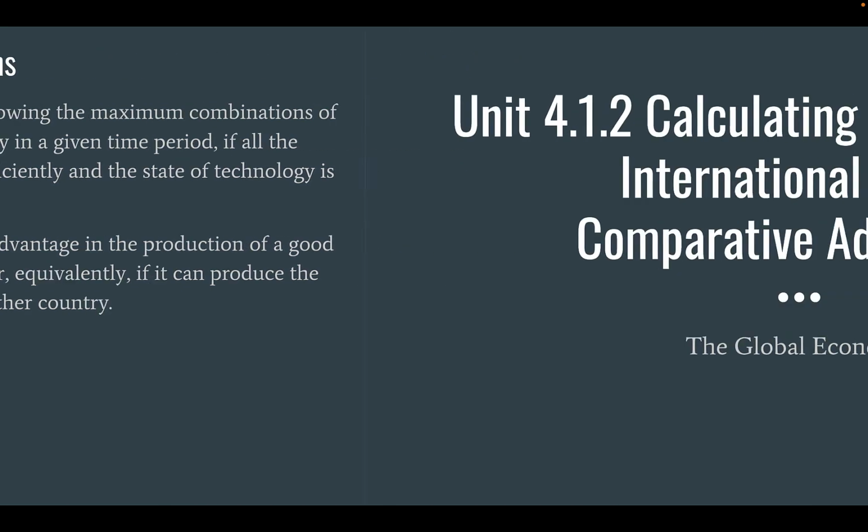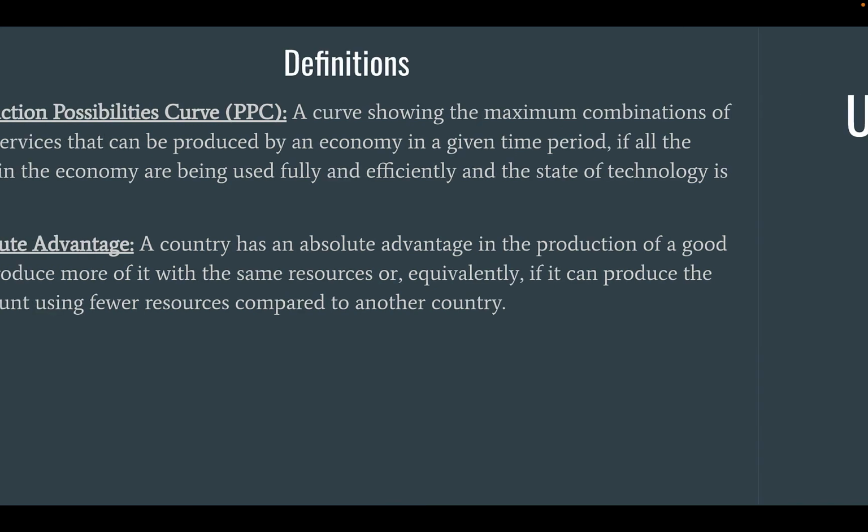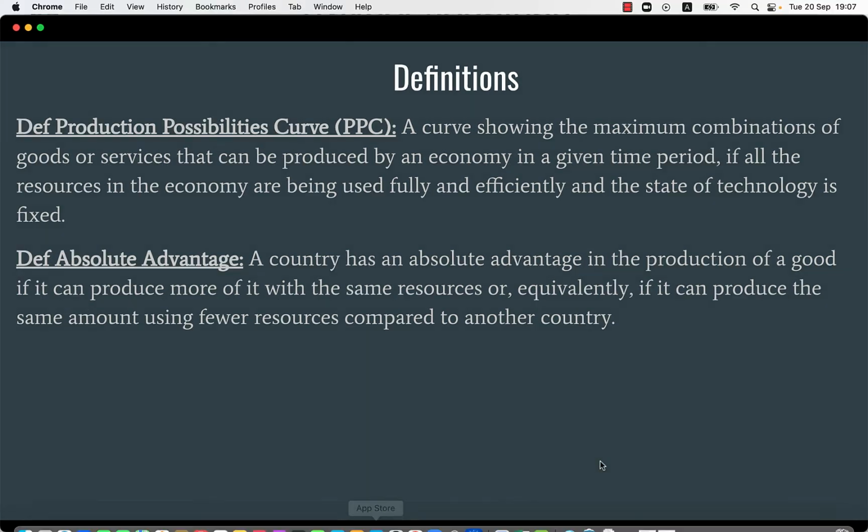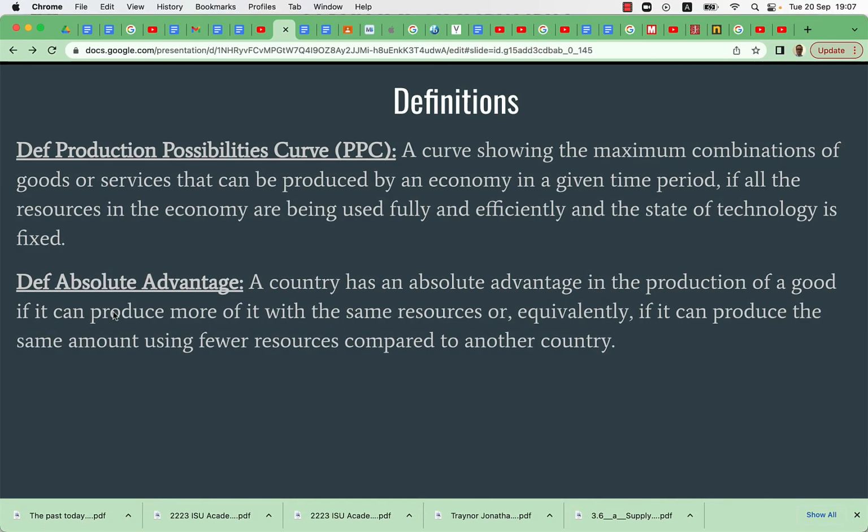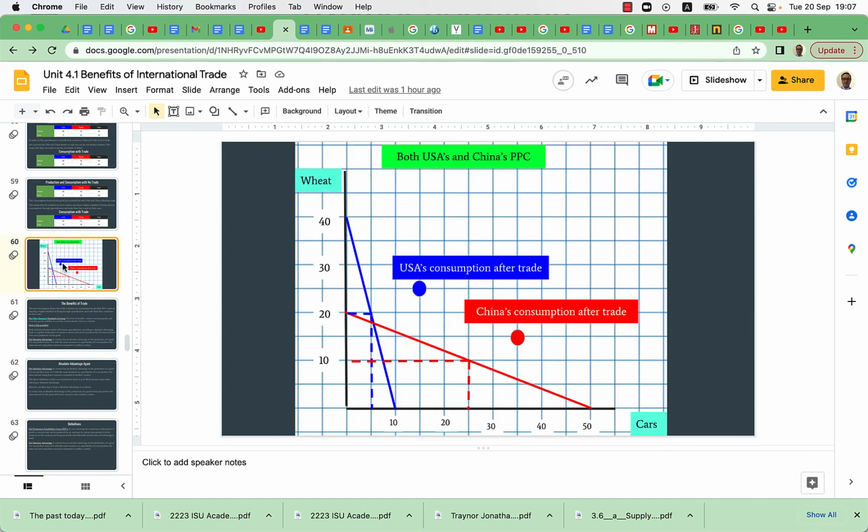However, as we have already seen, going back to the previous PPCs, if we look here, both countries with specialization and trade, America produces here, China produces here, but America consumes here and China consumes here. With specialization and trade, both countries have the potential to consume far greater than they could being an isolated country that doesn't engage in trade, known as an autarky.